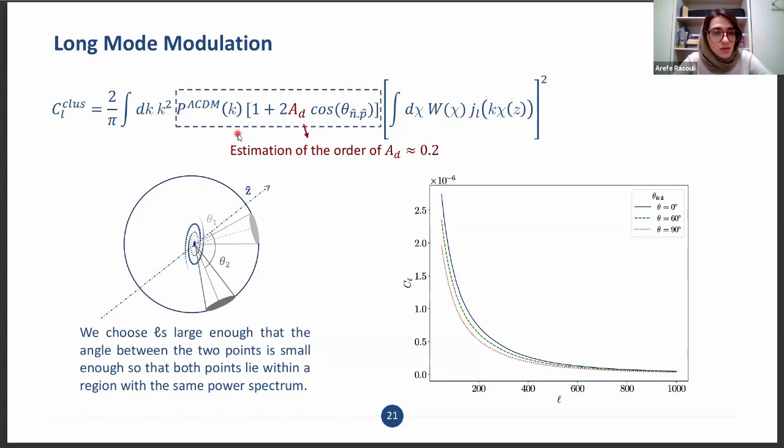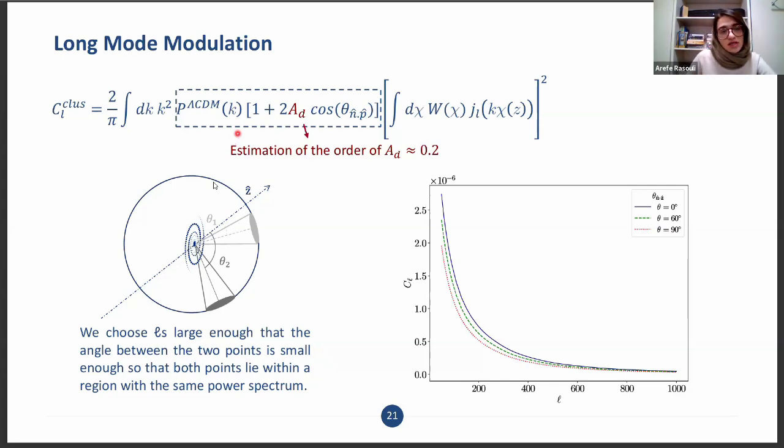To solve this problem, we chose L's that are large enough that, when calculating the correlation between these two points, they approximate the same region. And so they will have the same matter power spectrum.